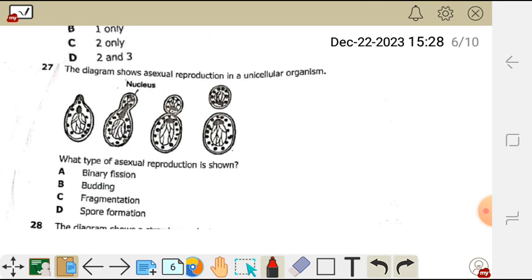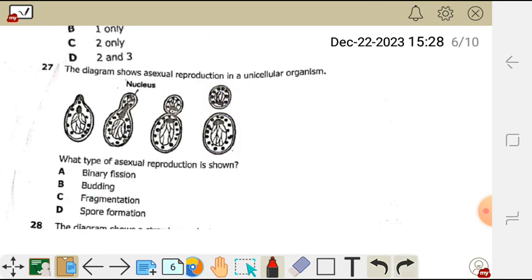What you're observing here is what we call binary fission. We have the parent cell or organism undergoing fission to produce two daughter cells. That is binary fission.